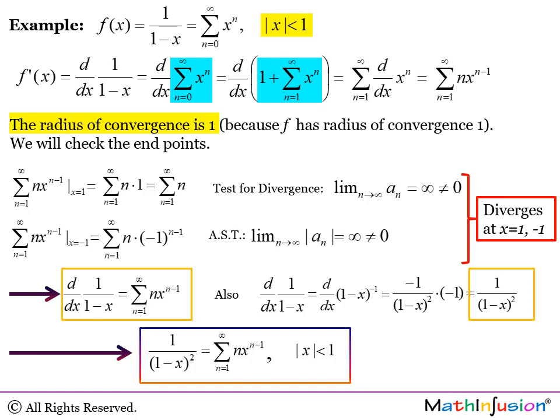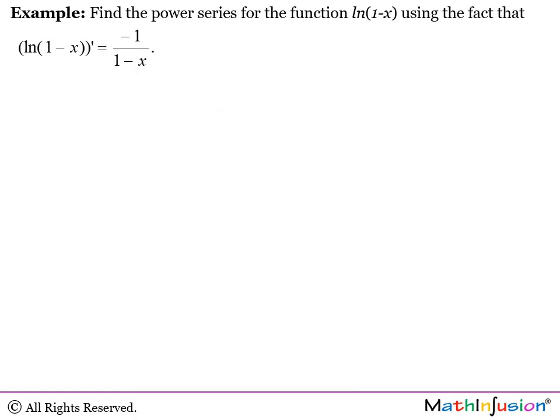The main idea was we start with one function and we created another expansion as a power series for a new function. Find the power series for the function ln of 1 minus x using the fact that the derivative of the function equals negative 1 over 1 minus x. Note that x equals 1 is not in the domain of the function.